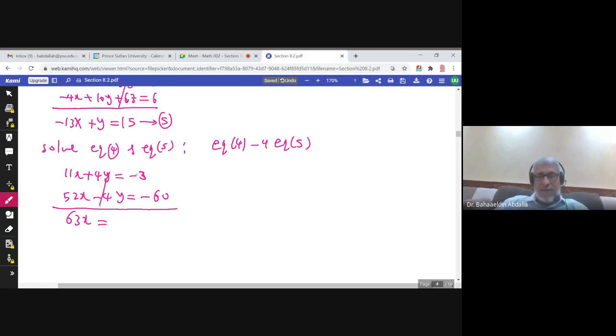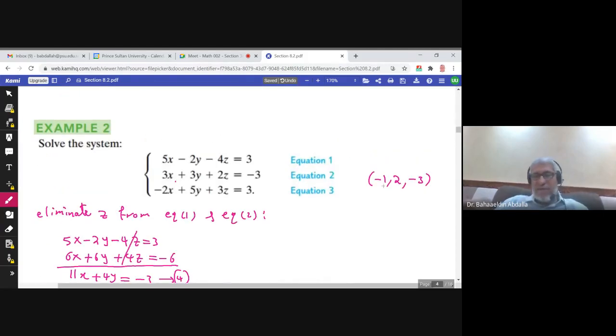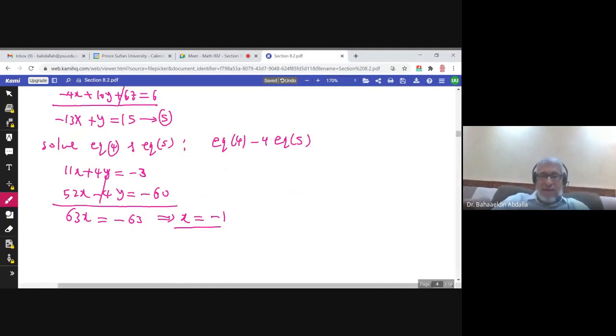And here, -3 and -60 would be -63. And now you can solve this equation for x and get x equals -1 because -63 over 63 is -1. Let me check, is this correct? Yeah, x is -1. That's good. So let me continue. Now I have x.